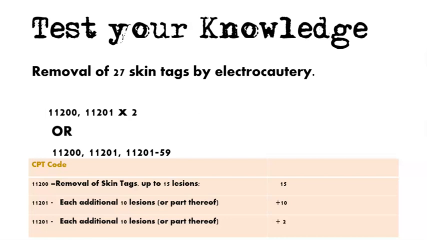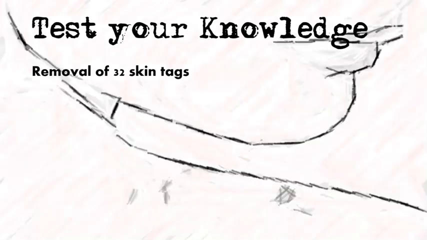And the number goes up to 32 skin tags. How would you code for the removal of 32 skin tags?